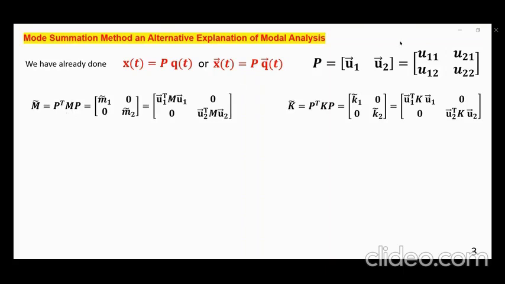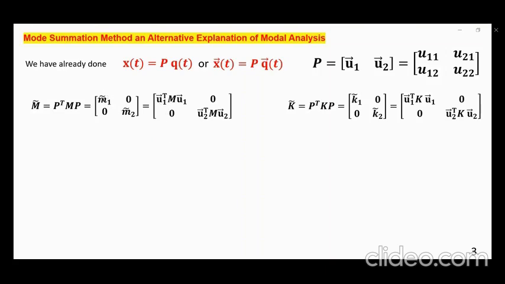Now, we found out that if you take the mass matrix, the original mass matrix, and pre-multiply it by the transpose of this matrix P, the modal matrix, and post-multiply by P, you actually get a 2 by 2 diagonal matrix. Now, this M1 and M2 are not the same M1 and M2, that's why I put a tilde on top of it, to remind you that these are not the same as M1 and M2 of the original 2 by 2 system.